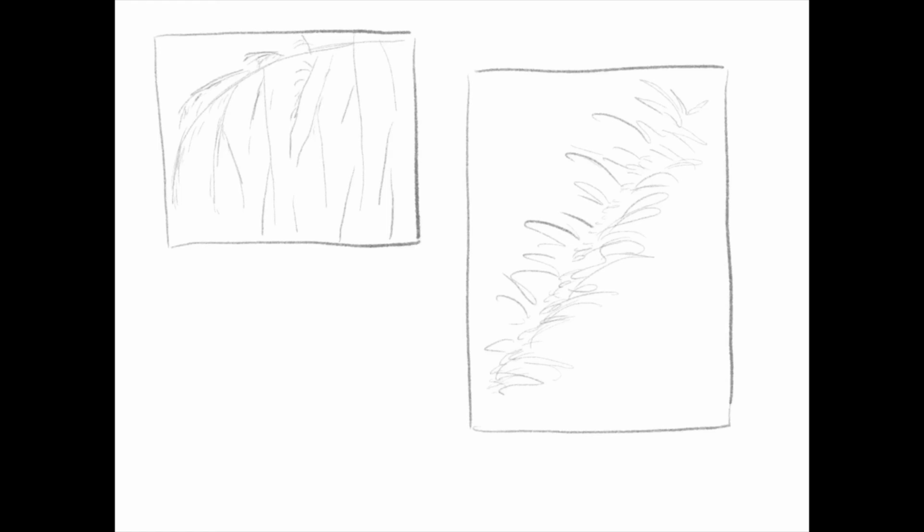By dividing my page into these different sections, I can zoom in on each section. So I can look at just the general shape of the tree branch, and go back and add a little bit more detail into the general texture that I'm seeing, and take a closer look there.